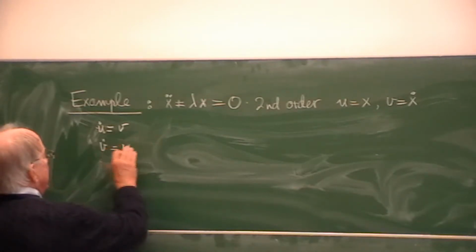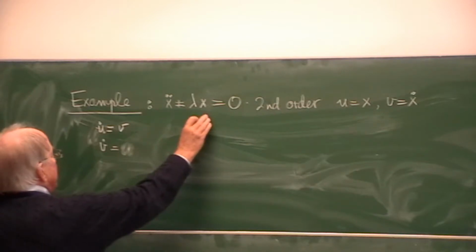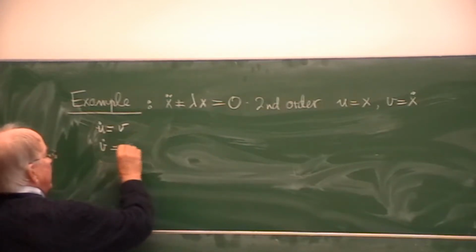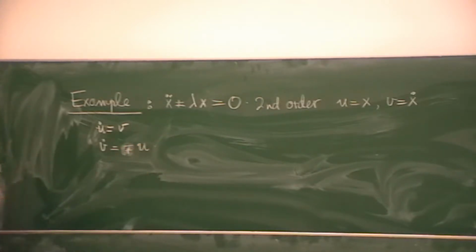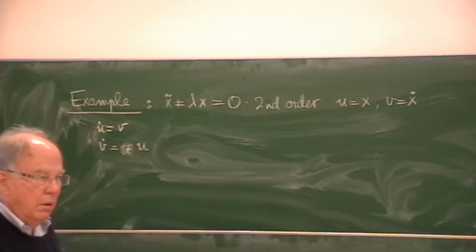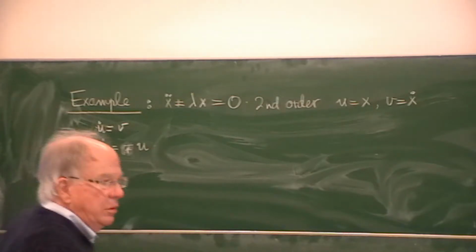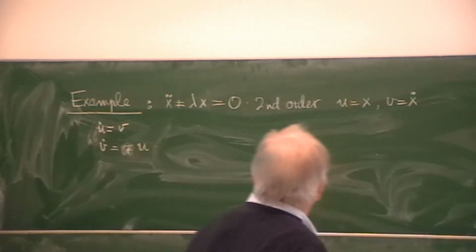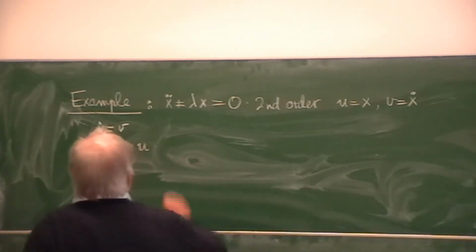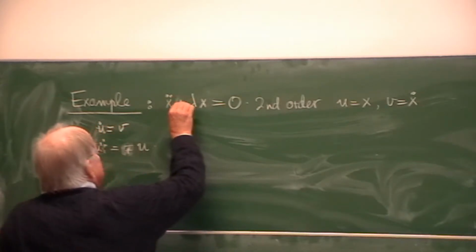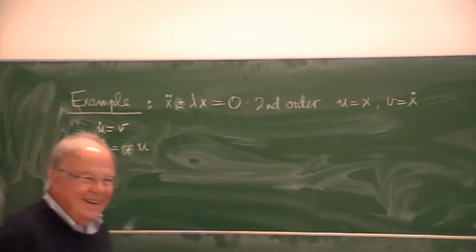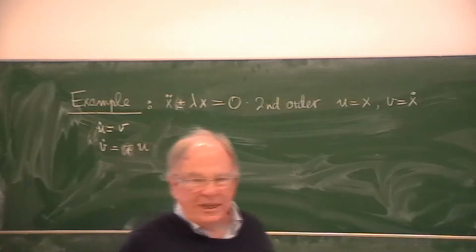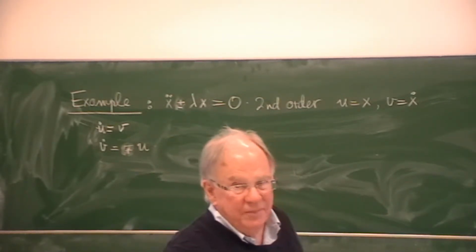What does the sign mean? If I bring this over to the other side, what do I get? v dot equals minus or plus u. I wanted to emphasize that it really matters what the sign is. The sign is the sign of the eigenvalue.